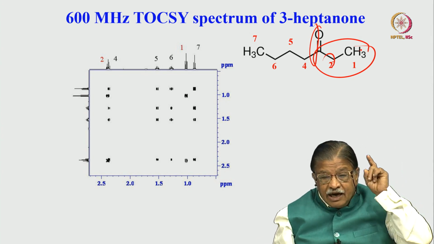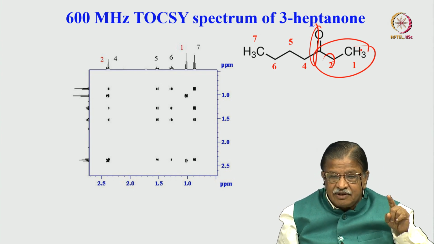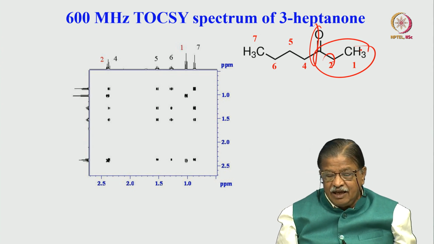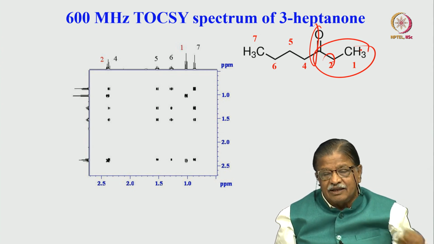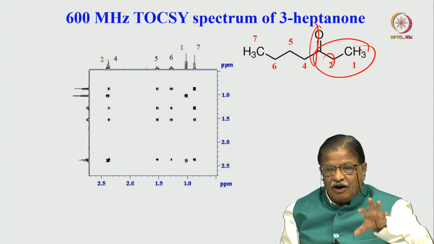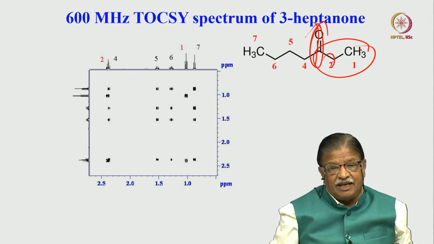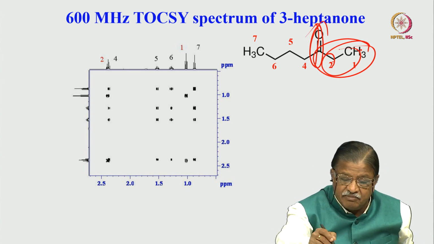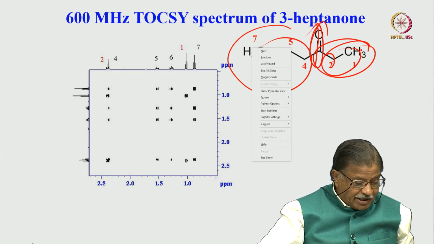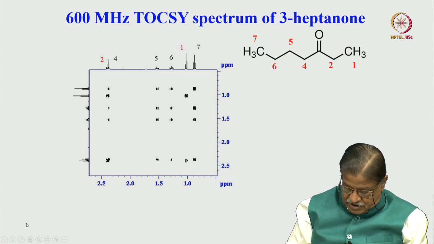I told you, the group of spins coupled among themselves without any breakage in the chain, an unbroken chain, form a coupled spin system. Here there is a breakage in the chain. So this is one spin system, and these four form another spin system. So how many spin systems are there here? In this molecule, there are only two spin systems.